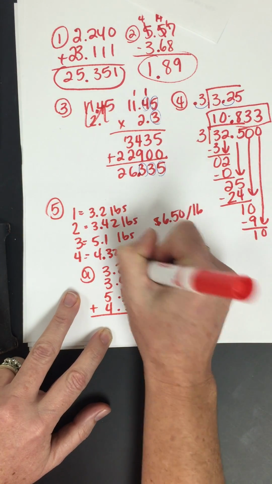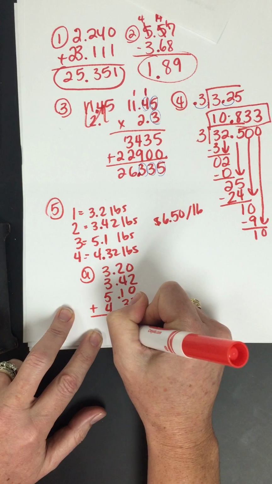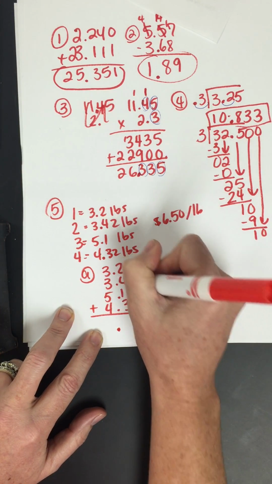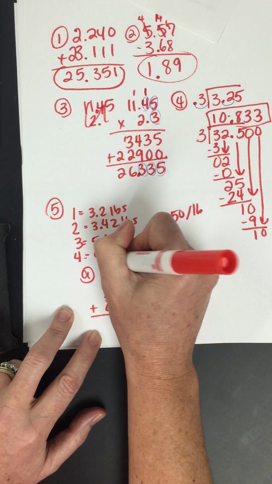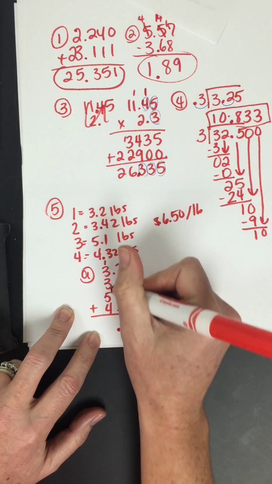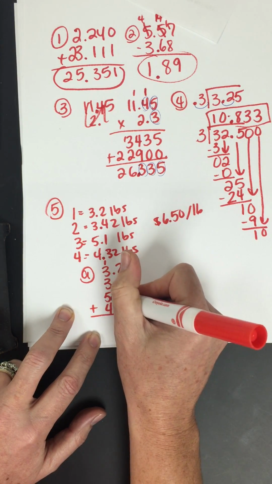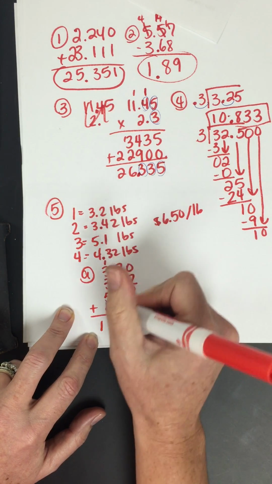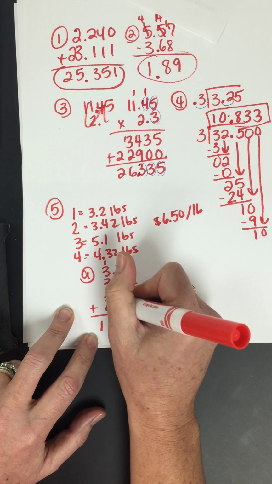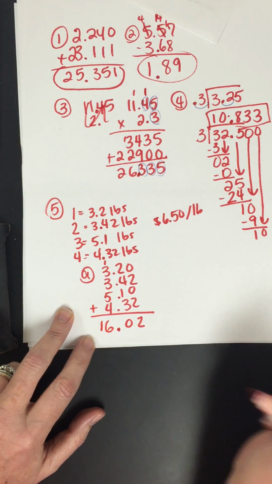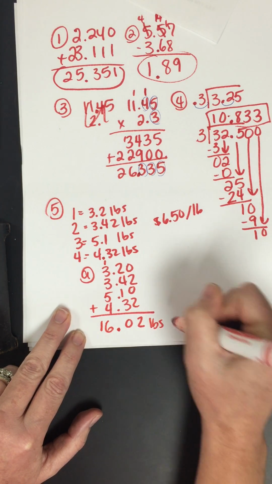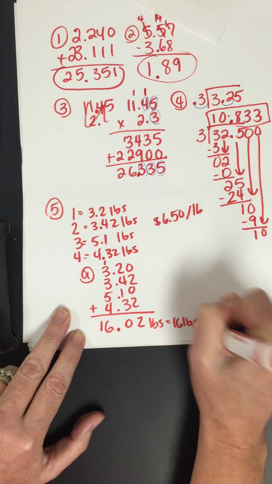Any blank spots, I'll put a 0 and bring my decimal into my answer, and then add like normal. 2 plus 2 is 4, 6, 7, 10, 6, 7, 8, 9, 10, 11, 12, 16. And I end up with 16.2 pounds, which is about 16 pounds.